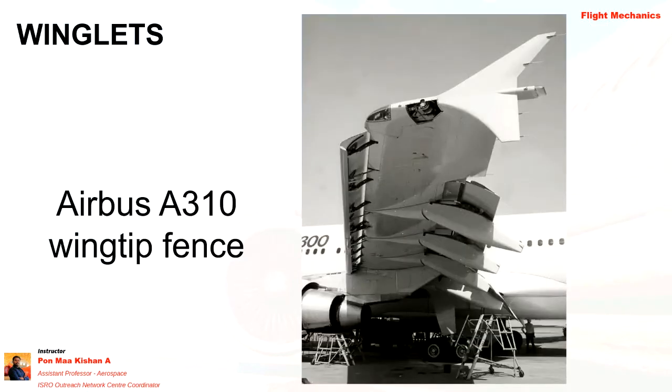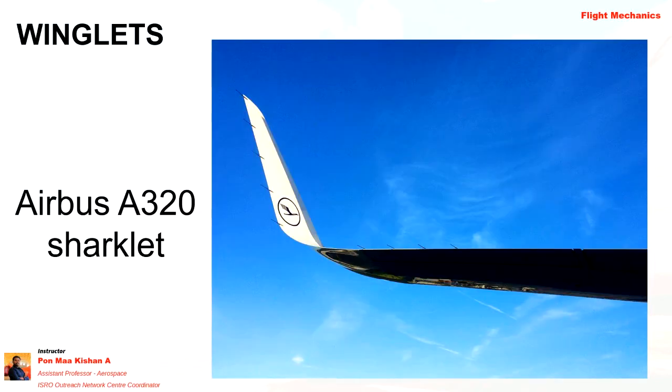We can take this as an example also. So the wing tip is having some chord, right? Every wing tip is having a chord value. Let's say that the tip chord of the wing is equal to 2 meters.